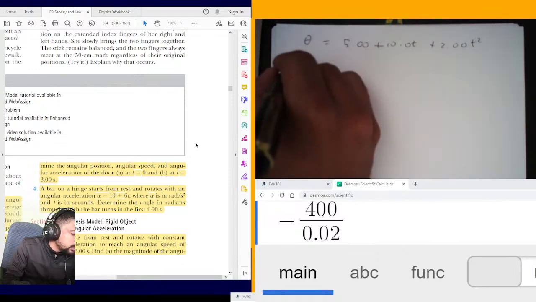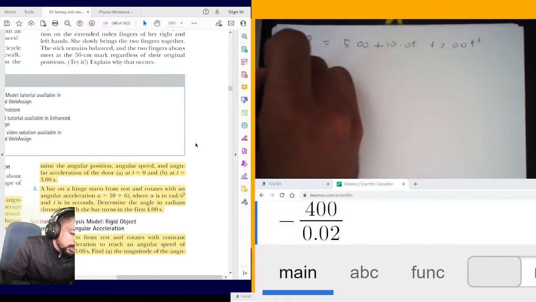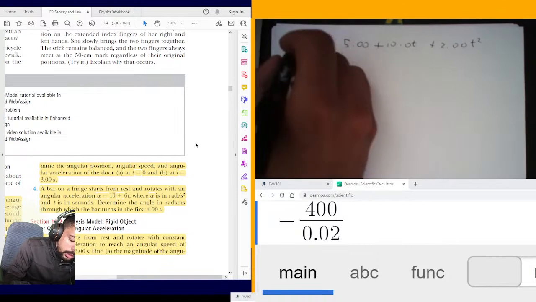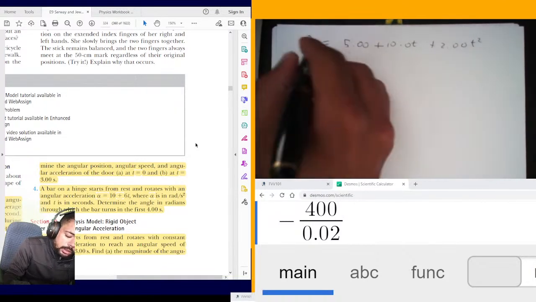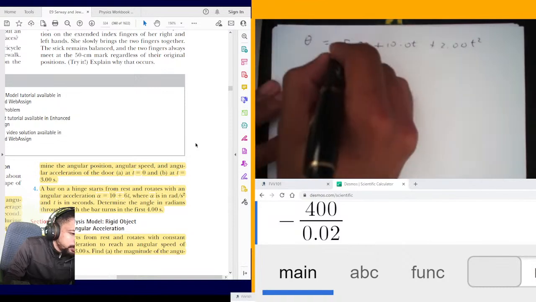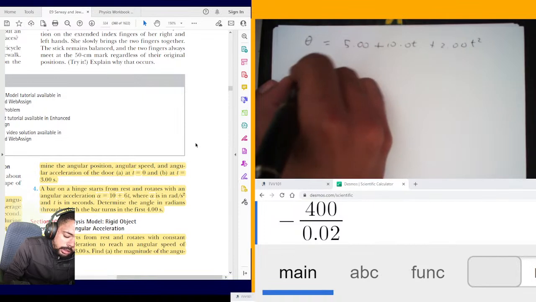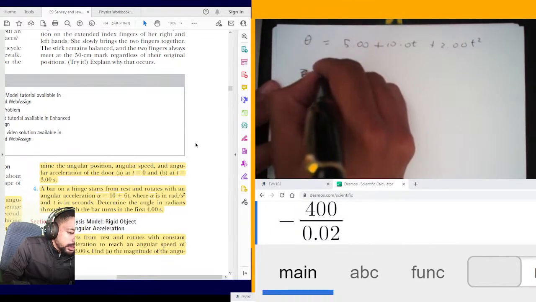For t equal to 0, you can just plug that in. Now let's get the formula for the angular speed.